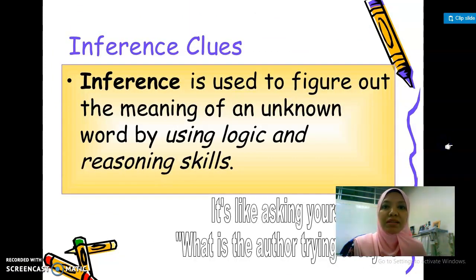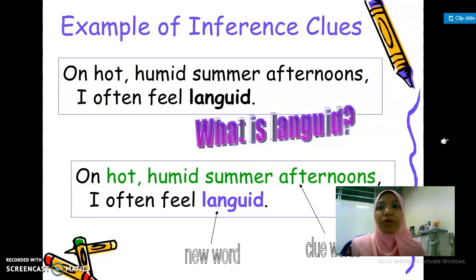Inference clues. Inference is used to figure out the meaning of an unknown word by using logic and reasoning skills. This is also based on your general knowledge and your past experience. On a hot, humid summer afternoon, I often feel languid.